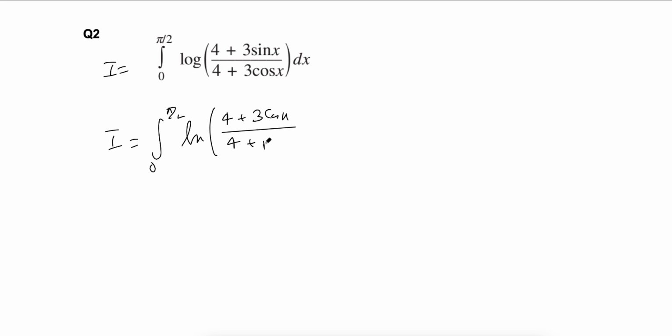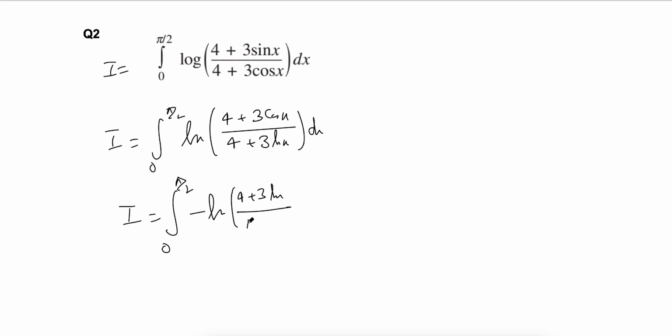So 4 plus 3 sin x. You can see very clearly that this is ln a by b, so this is ln b by a. So this I can write 0 to pi by 2 minus of ln 4 plus 3 sin x divided by 4 plus 3 cos x dx.